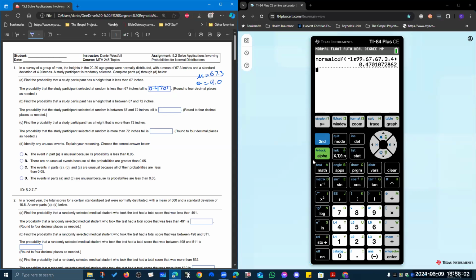You might ask, why did I go to negative infinity when you can't have a height that is less than 0? Because we need to get all that tail out there to the left. We need that z value to go all the way to the left there.